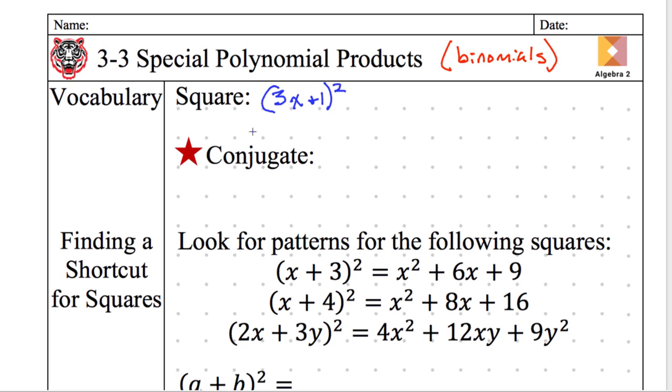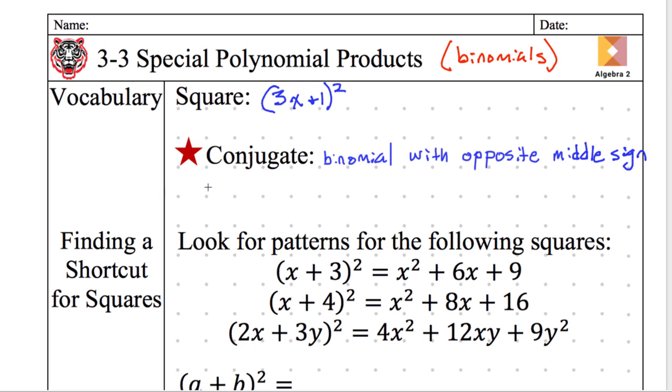Okay, let's go ahead and write down our definition. A conjugate is a binomial with opposite middle sign.